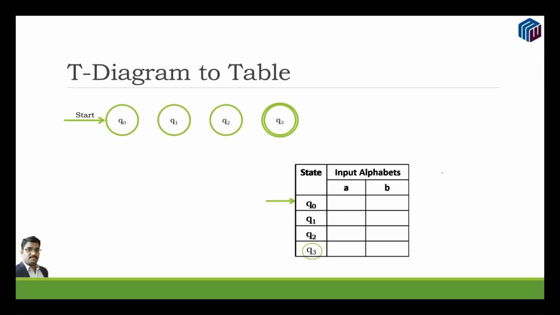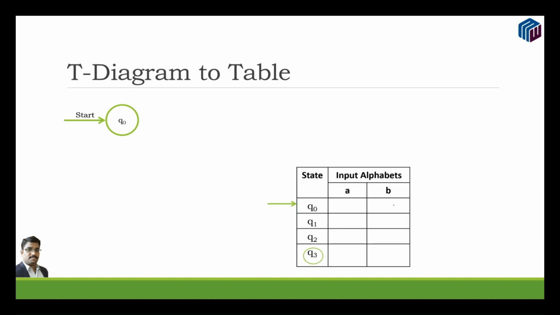Here we have to place the states according to their input value. Now see, on Q0, by reading input A, it goes to the state Q1.